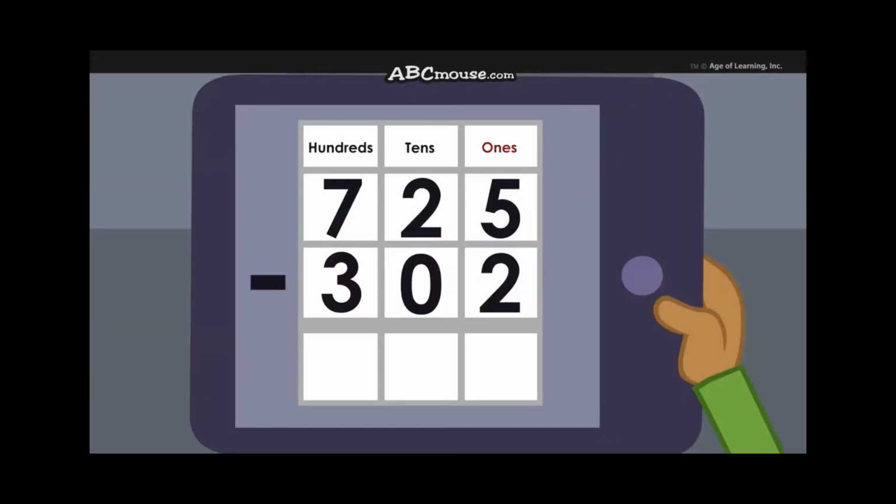Start with the ones. 5 ones take away 2 ones leaves 3 ones. Now the tens. Take away 0 tens from 2 tens, and we still have 2 tens. And 7 hundreds take away 3 hundreds leaves 4 hundreds. So, our answer is 4 hundreds, 2 tens, and 3 ones. So there's 423 gauze pads left.